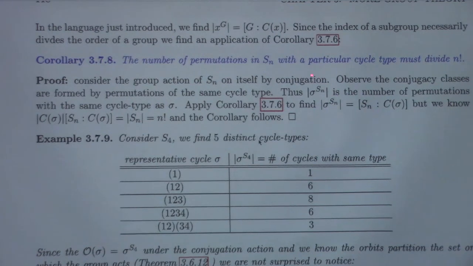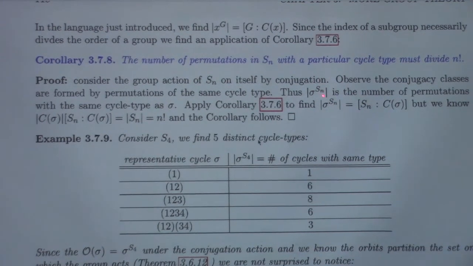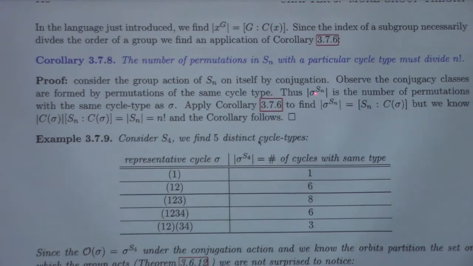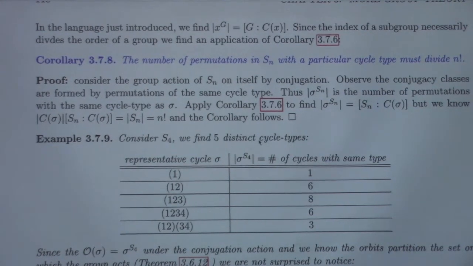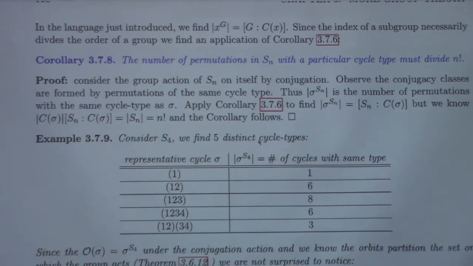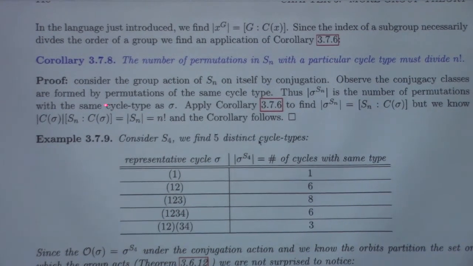This is a cranky notation for the orbit of sigma under Sn, the conjugacy class. It's all possible conjugates of sigma under Sn's conjugation action. And so what I'm saying is that's the number of permutations with the same cycle type as sigma. Technically I haven't proved that, but I've given you some evidence to show that that's what happened, yeah?